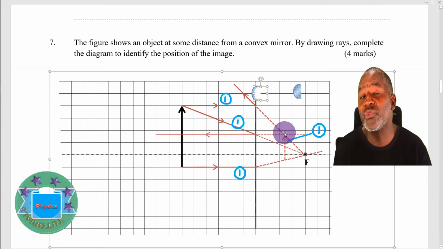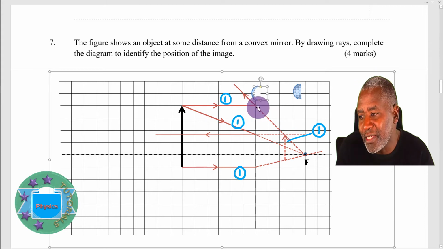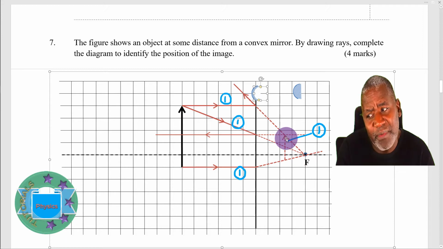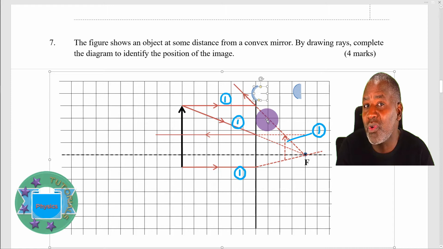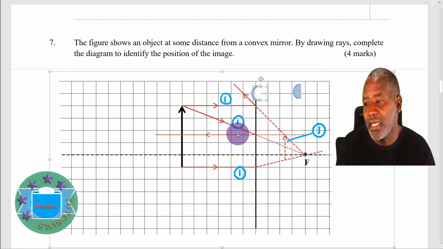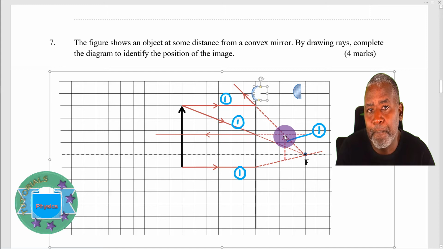Remember, when we drew the first ray, we identified this line and we said the head of the image lies somewhere along this line, but we do not know where it is. So we used the second ray to identify that particular position, and it is here.